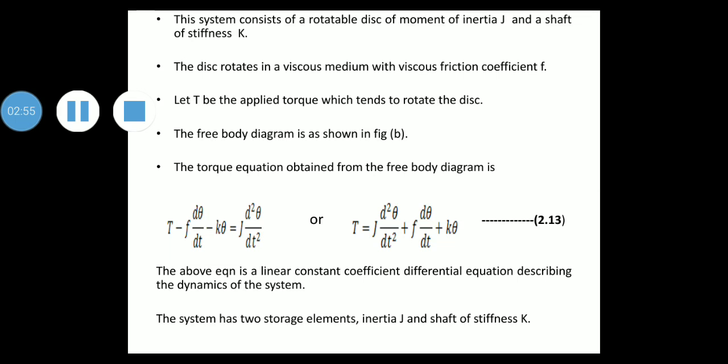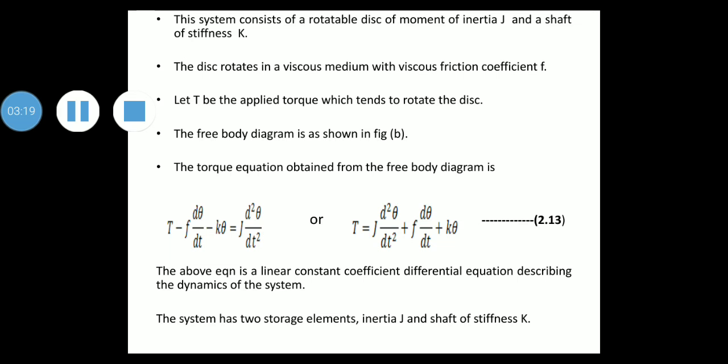This is equation 2.13. It is a linear constant coefficient differential equation describing the dynamics of this rotational system. Note that the system has two storage elements, inertia J and shaft of stiffness K.